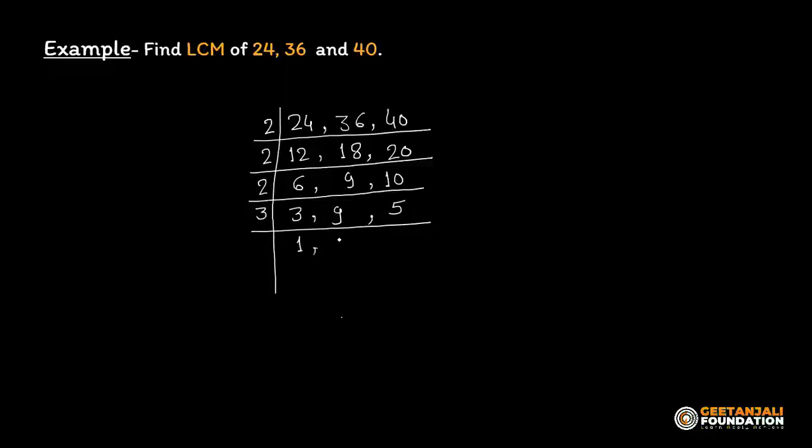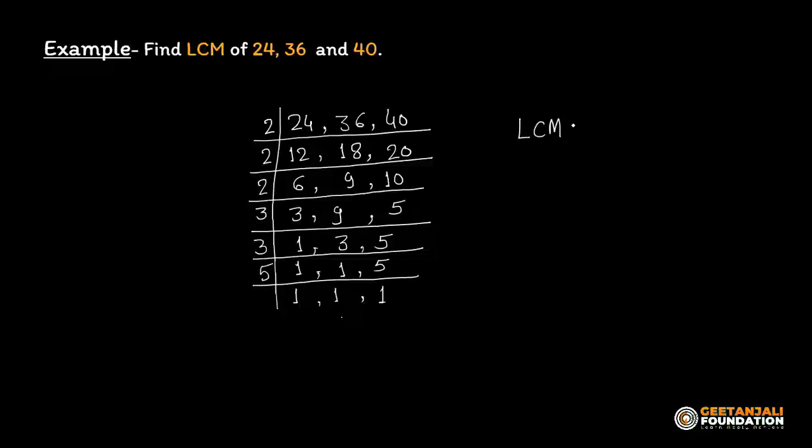3 can divide 3, 3 can divide 9, but it cannot divide 5. Now we'll take 3 again. So it will be 1, 1 and 5. Now we'll take 5. So 5, 1, 1 and 1. So we have divided all the numbers.